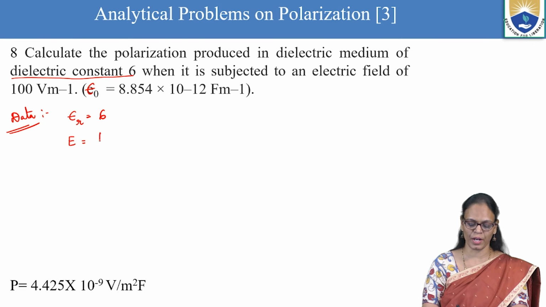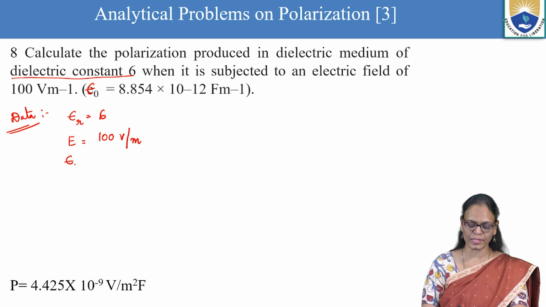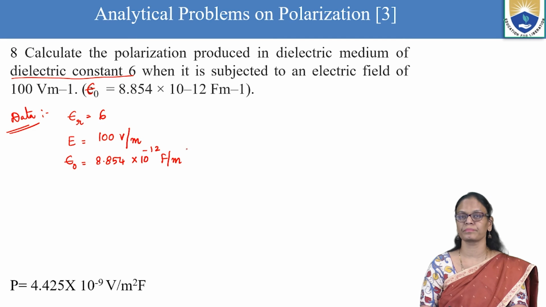E is how much? 100 volt per meter. And the value of epsilon naught is a constant, 8.854 into 10 power minus 12 farad per meter. What we have to calculate here is P, the polarization.